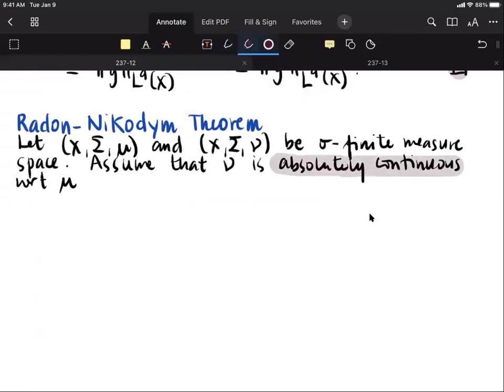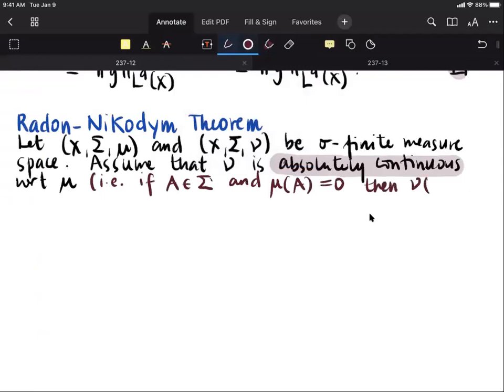So what do we mean by a measure that is absolutely continuous with respect to another measure? That is, if A is measurable, meaning it's in sigma, and the measure of A is 0 with respect to mu, then the measure of A under nu is also 0.